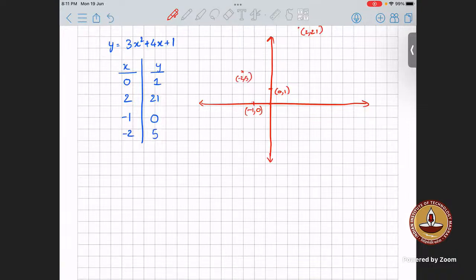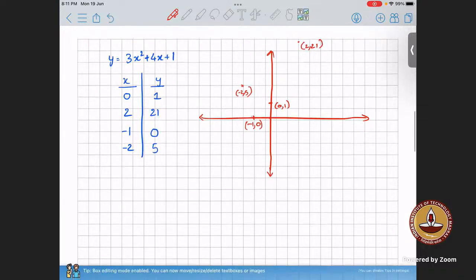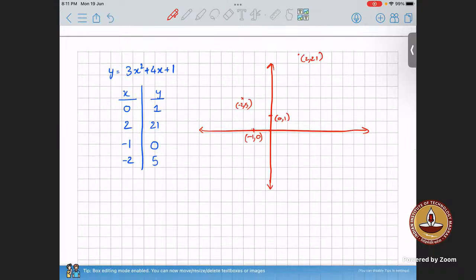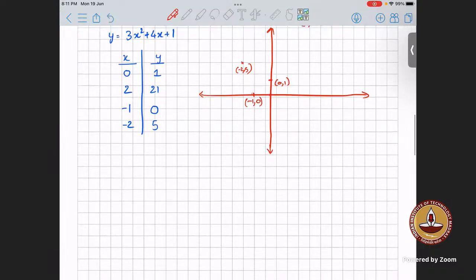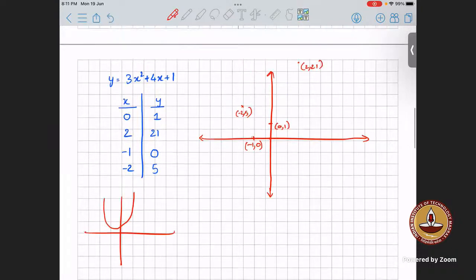If you select more points, the graph will have a U shape.